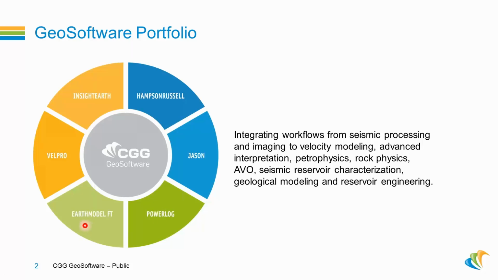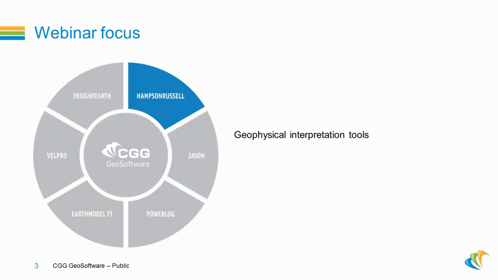Earth Model is for geological model building, and velocity modeling is done in WellPro. Insight Earth is for 3D advanced seismic interpretation on post-stack seismic data, or any attributes. Today I will talk about the deterministic inversion methods provided via Hampson-Russell and JASON solutions.